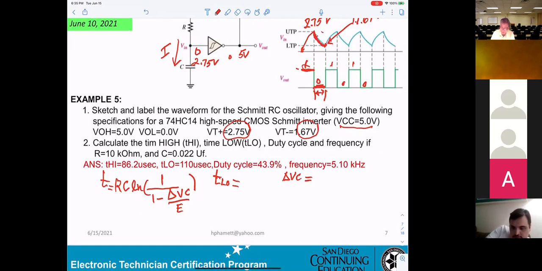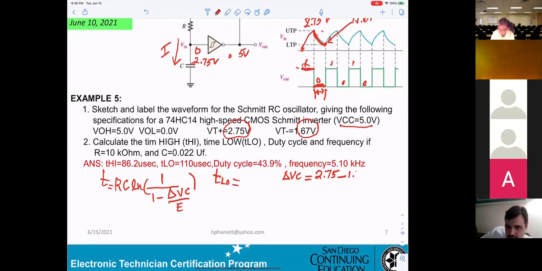That means here. What does delta VC equal? 2.75 minus, correct? That means the voltage is discharging. It's minus 1.67.